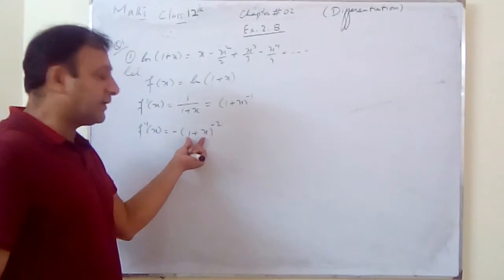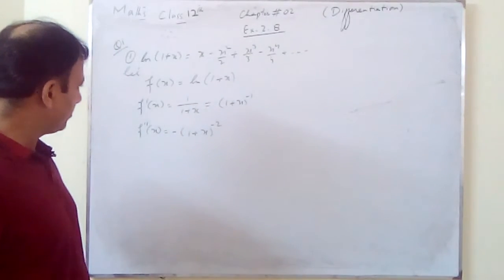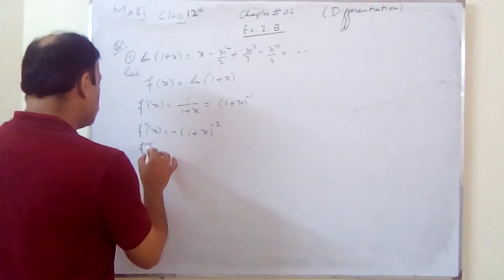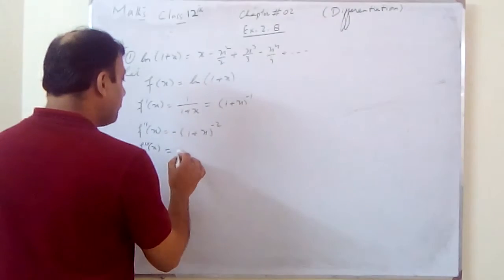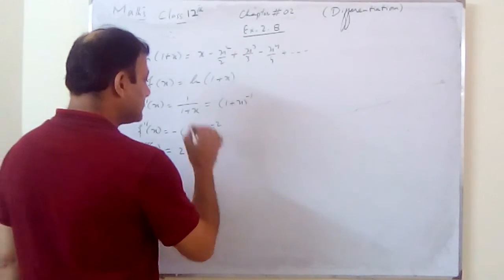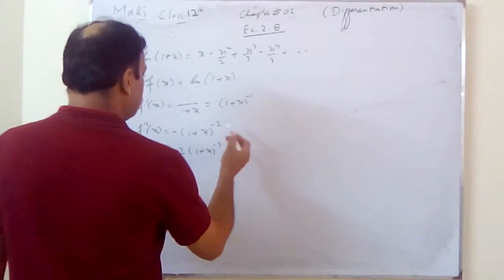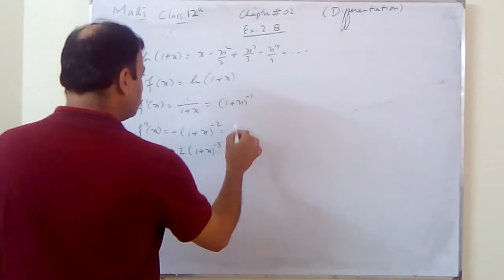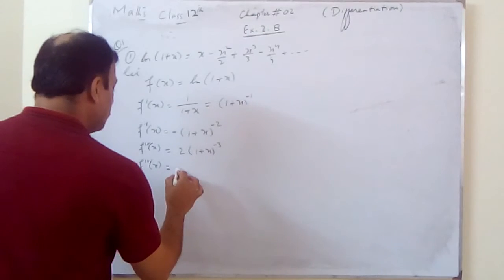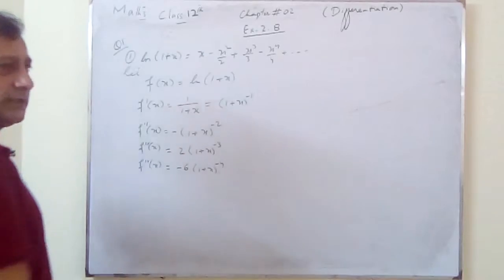Again, when you differentiate 1 plus x you will get 1, so no need to write that value. So minus 1 plus x power minus 2. Third derivative, that is minus minus plus 2, 1 plus x power minus 3. Fourth derivative, minus 6 into 1 plus x power minus 4, and it goes on.